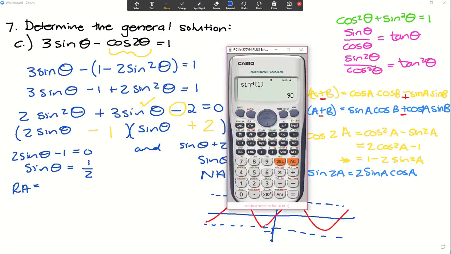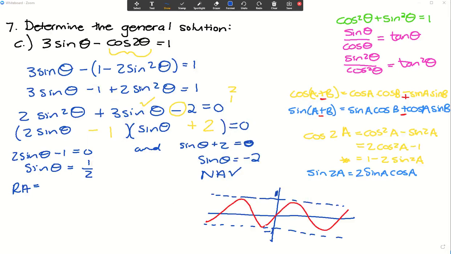So let's clear this, and we're going to go arc sine, which is shift sine, and it becomes a half. You can write it exactly like that, or you can write it as 0.5, close the bracket and push equals, and you end up getting 30 degrees.